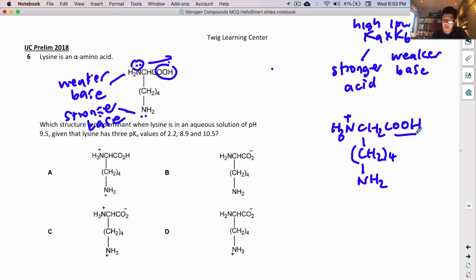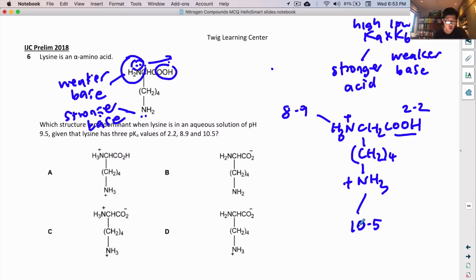So this is the strongest acid. The pKa is 2.2, and since this part is the weaker base, this becomes the stronger acid, so you have a pKa of 8.9. And this one, in fact, sorry, it's NH3 plus, it's a conjugate acid, has a pKa of 10.5.